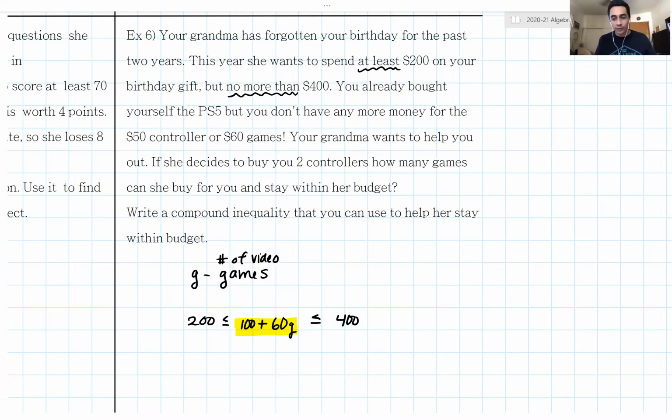So exactly 200, obviously more than 200, less than or equal to 400. So we're sandwiching in what she'll spend by the amounts of her original budget. Within her budget, there's $100 set aside specifically for controllers. So she's buying you 2, so that's where the $100 comes from.